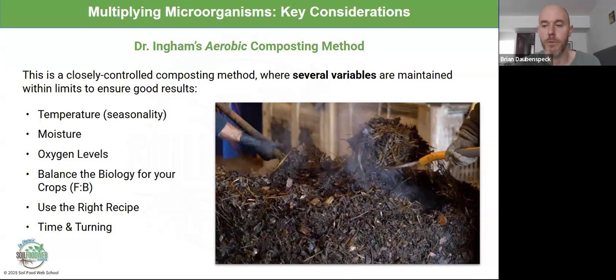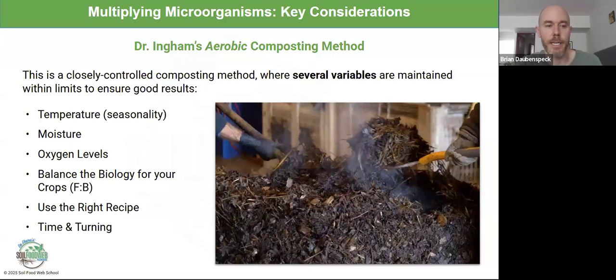So are we getting nitrate? Are we getting ammonium? And then what kind of crops are we trying to grow? If you're growing an orchard with trees, you're aiming for a higher fungal to bacteria ratio than you are if you're growing tomatoes or oats. And we can talk a little bit about that as well. All of this, again, ties into the right recipe. The recipe ties into each one of these.